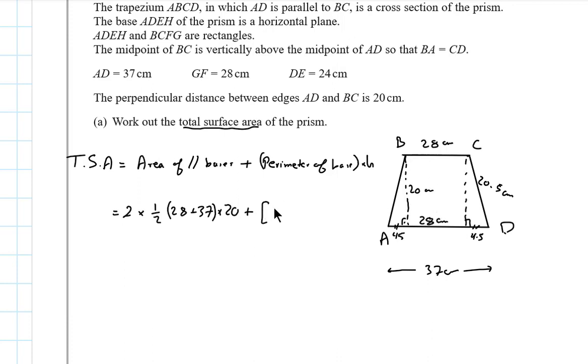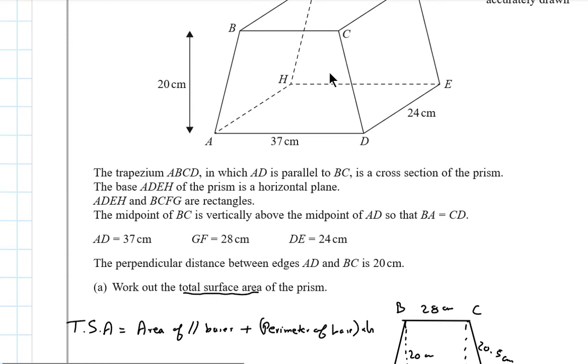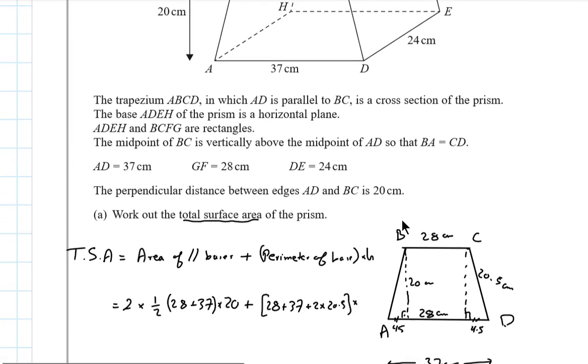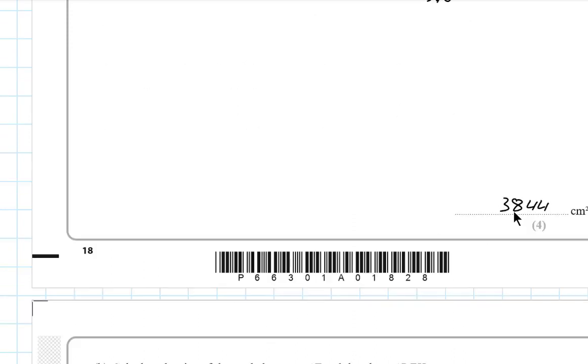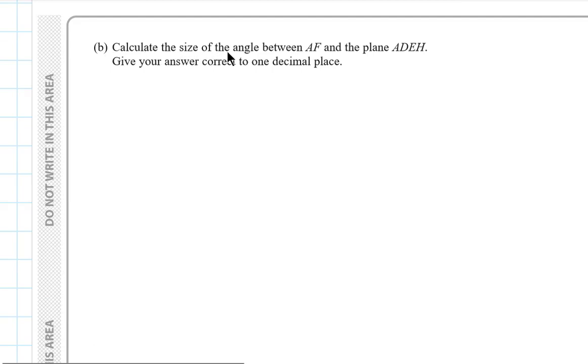We will add 28 plus 37 plus 2 times 20.5, and all this will be multiplied by the height of the prism, which is 24, and by calculating all this, the result will be 3844 centimeters squared.